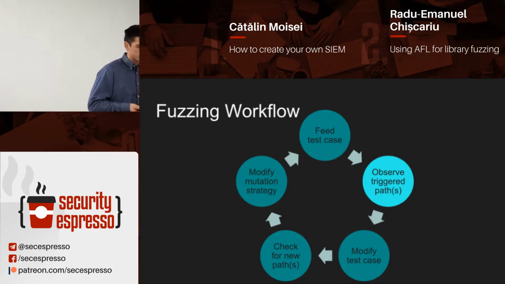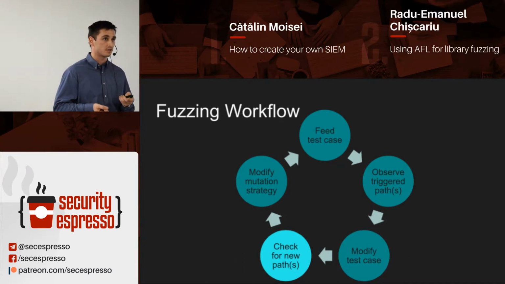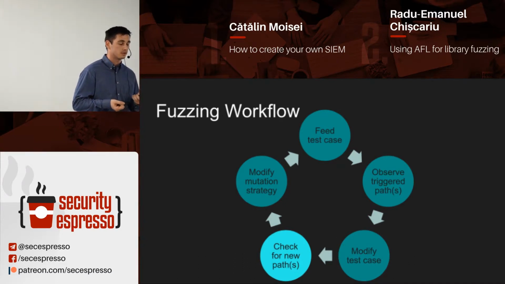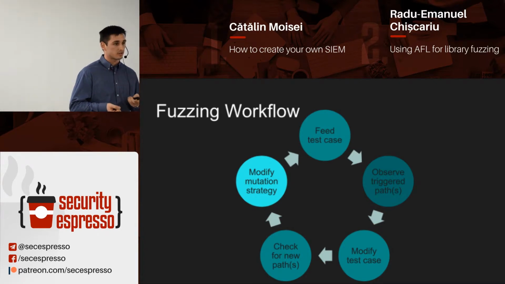And this is useful because the idea is to use different mutation strategies in order to reach further into the code. So we observe the trigger path, then modify the test case accordingly and check if that modification allowed us to reach further into the code. If that is not the case, then we modify the mutation strategy and try something else and see what happens.